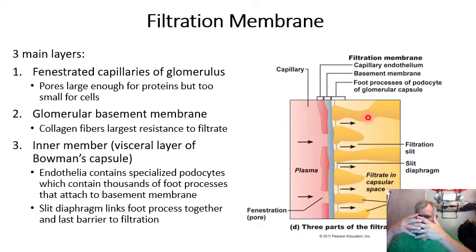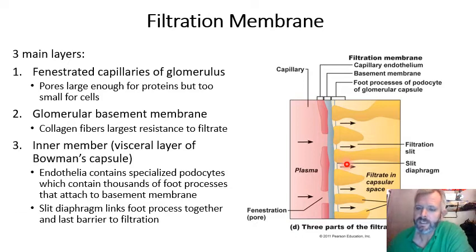Say this is one cell and this is another podocyte cell with their little feet; they come together like this, and there are little spaces in between those feet. And in between those spaces is this little filtration slit.